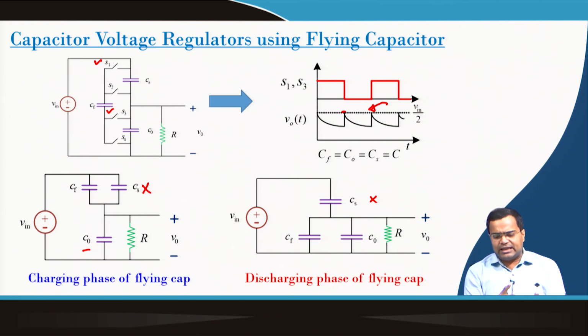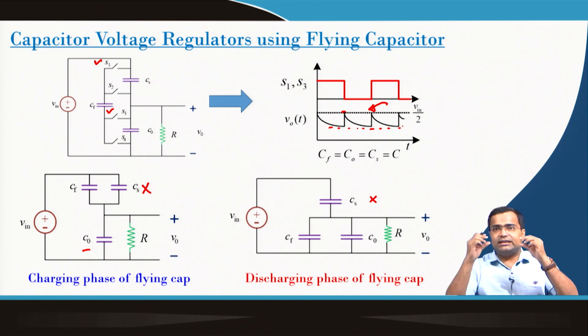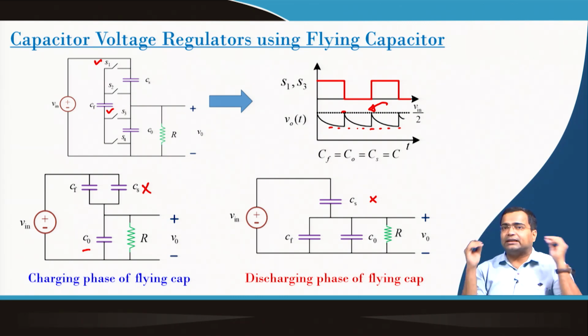So, neither the charging phase nor the discharging phase should continue for long. In each of these phases, the output capacitor will discharge. So, we need to switch periodically and rapidly, so that the deviation around the input voltage by 2 can be reduced and kept within a certain limit.